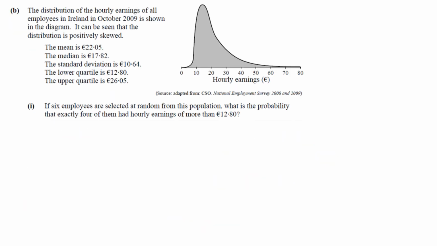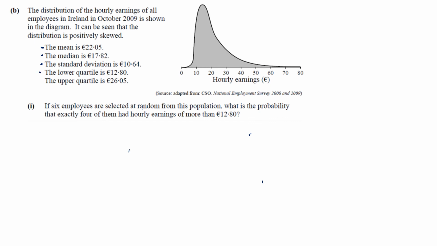So part B, the distribution of hourly earnings of all employees in Ireland in October 2009 is shown on this diagram. It can be seen that this distribution is positively skewed. So we're talking about a distribution that is not normal, so we can't use our z-scores. They told us some information. They told us the mean, which was 2205, the median, which is 1782, the standard deviation is 10.64.